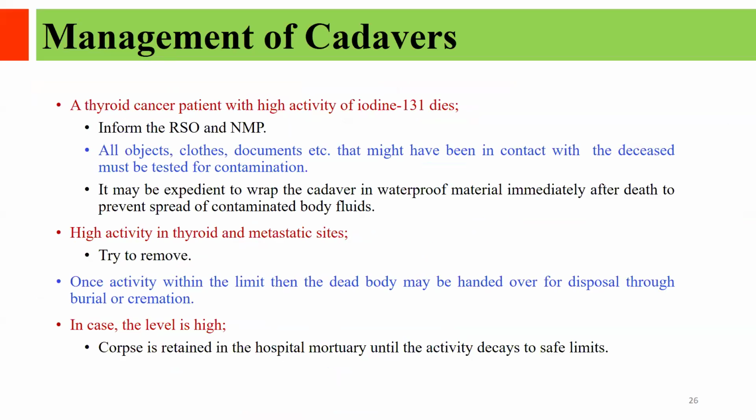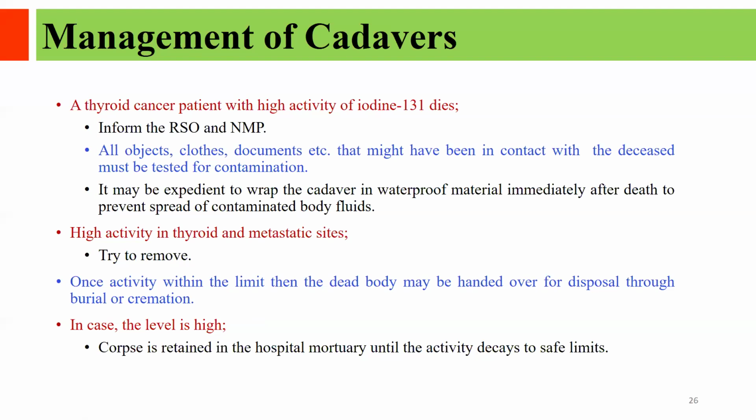Sometimes it may so happen that when the patient is being treated with iodine 131, because of some unusual incidence, the patient dies. Then the important role comes of the radiation safety officer or radiation protection officer in how to handle the cadaver which contains the radioactive material. When a thyroid cancer patient dies with iodine 131, the first job is to inform the radiation safety officer or a nuclear medicine professional or a physician.